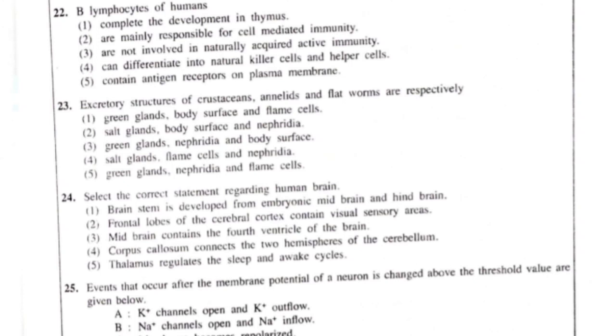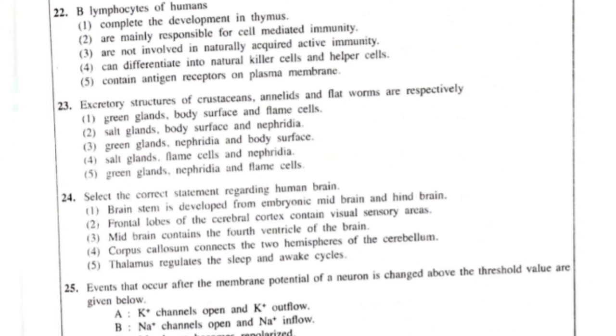Annelids use nephridia. And then insects and other terrestrial arthropods will use Malpighian tubules. Crustaceans, that means aquatic arthropods, will use green glands, and salt glands are present in marine birds and marine reptiles. So considering all of those, the correct answer is answer number 5.